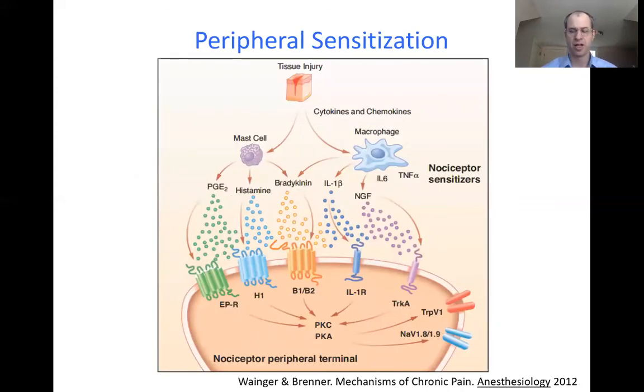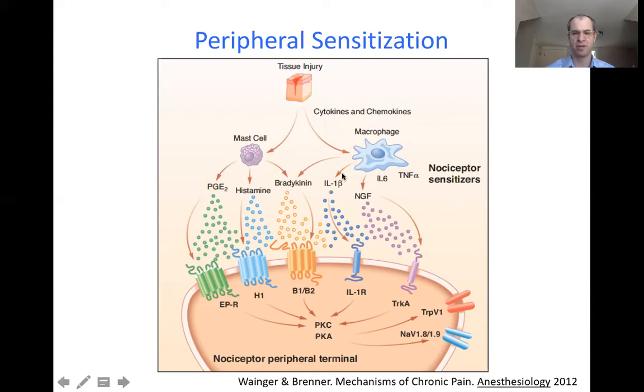So the first step in pain augmentation, I would say, is peripheral sensitization. What this refers to is a reduction in nociceptor threshold for activation and an amplification of that signal. It's primarily restricted to an injury site and primarily involves heat hypersensitivity. In the setting of tissue injury, there's release of cytokines and chemokines.